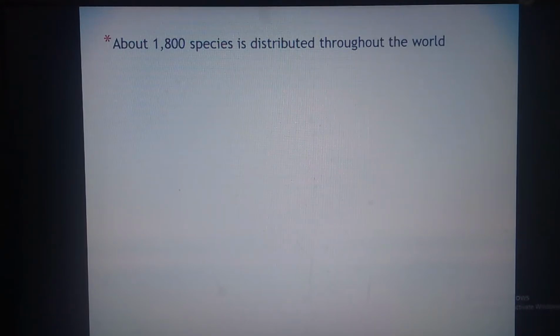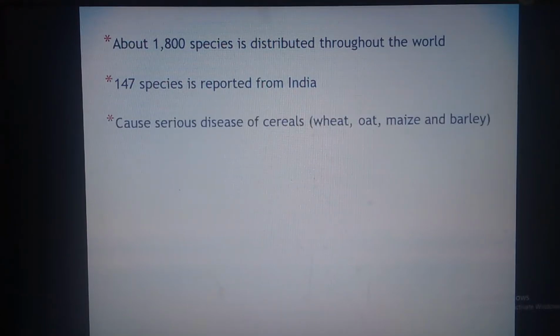Out of these, 147 species are reported from India, and they are known to cause serious diseases of cereals such as wheat, oat, maize, and barley. Now, the species of Puccinia are obligate parasites.